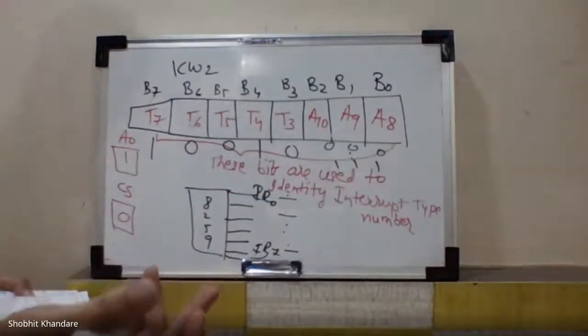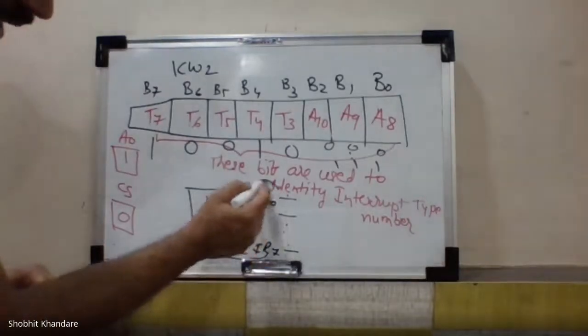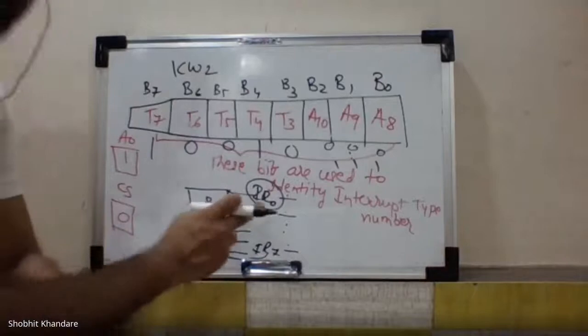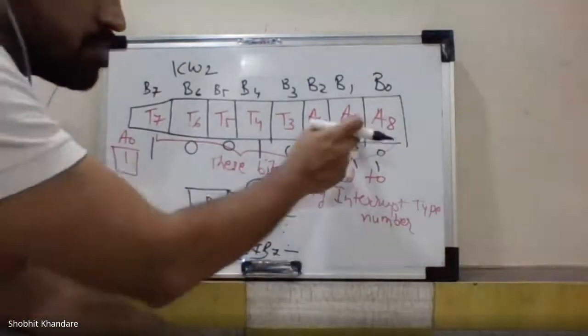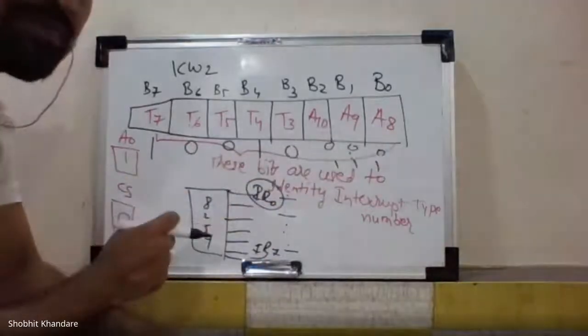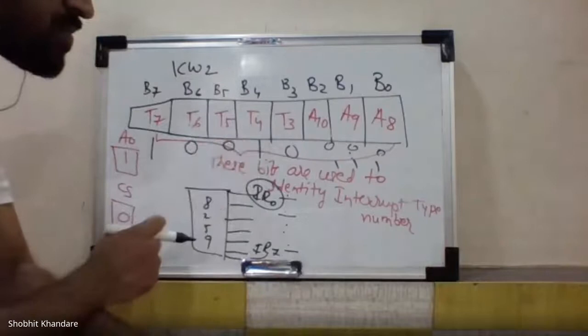Now, how do you get this interrupt type number? I will start from IR0. Now, for this IR0, these 3 bits are 000, and programmable bits are 10010.